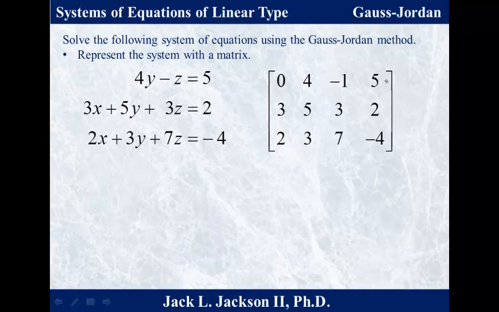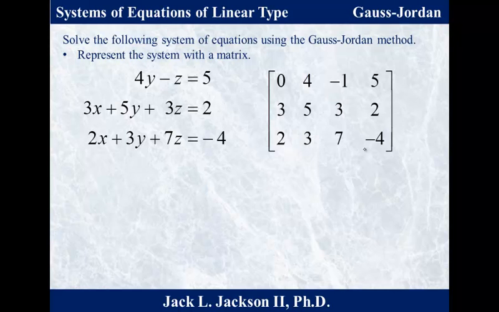That's 0, 4, negative 1, 5. 3x plus 5y plus 3z equals 2. That's 3, 5, 3, 2. 2x plus 3y plus 7z equals negative 4. That's 2, 3, 7, negative 4. So there is our matrix. 3 equations, 3 unknowns. There's a possibility we could get a unique solution to this.